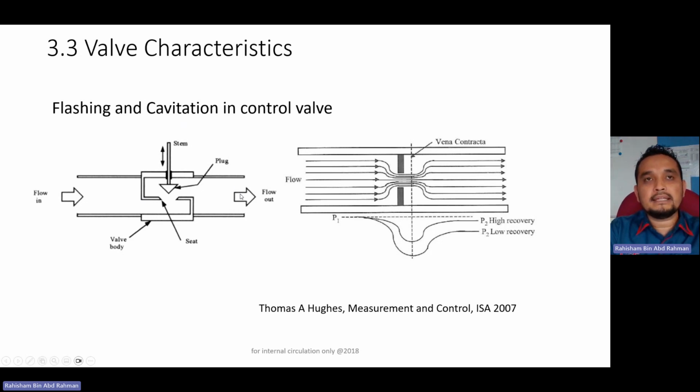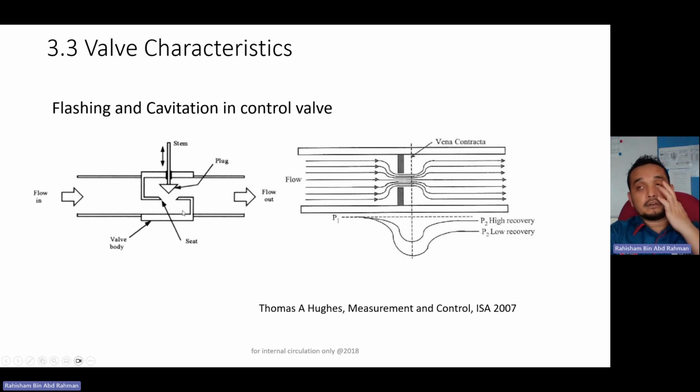Probably it'll drop to 9, 8, etc. It depends on the specification given. Whenever we have a pressure drop between in and out, there will be a problem and issue in which it will trigger flashing.